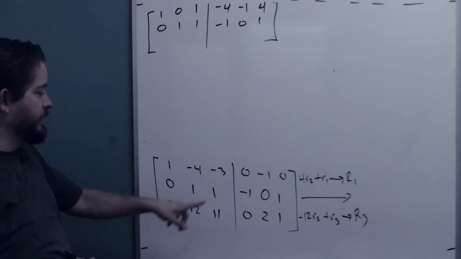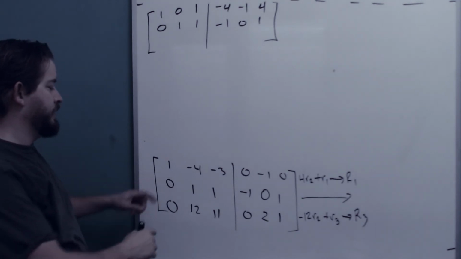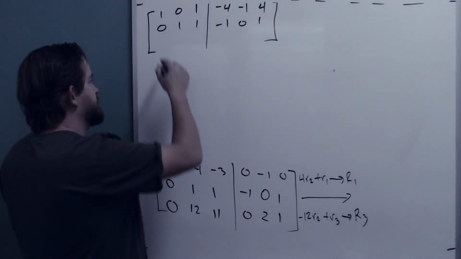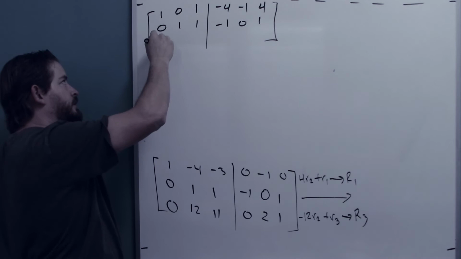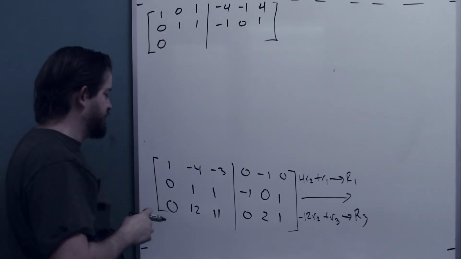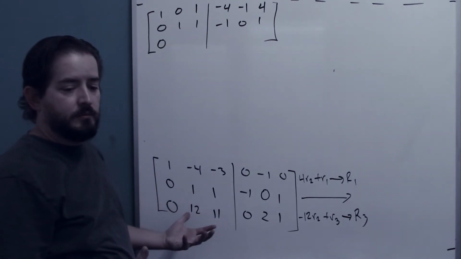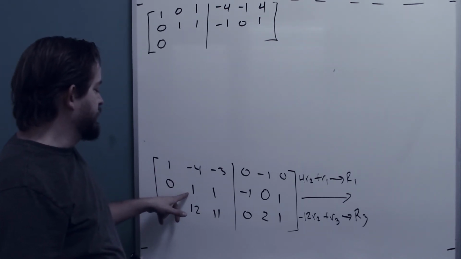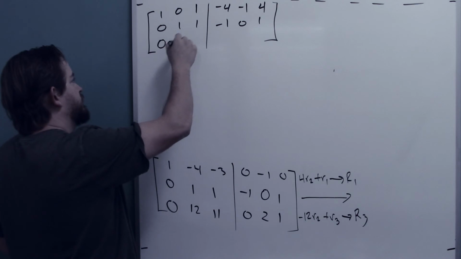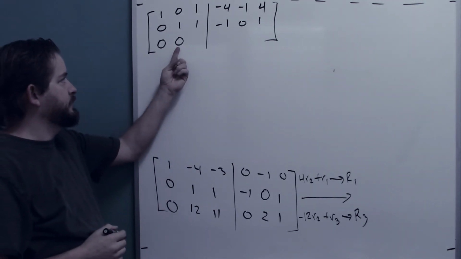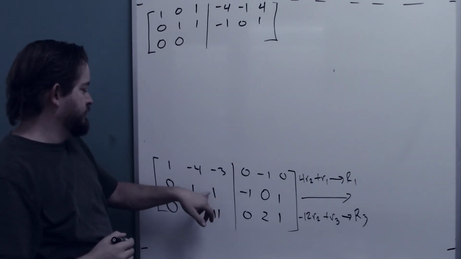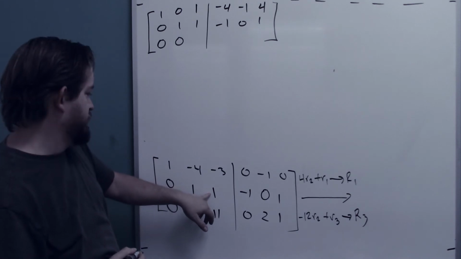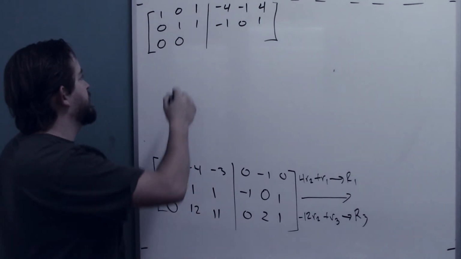Row 3 is -12 row 2s plus row 3, so -12 times 0 is 0, plus 0 is 0. Great, I don't ever want to undo a 0 that I've gotten in a previous step where I've made life worse for myself, right? -12 times 1 is -12, plus 12 is 0. Perfect, that's what I was looking for in this step as well. -12 times 1 is -12, plus 11 is -1.